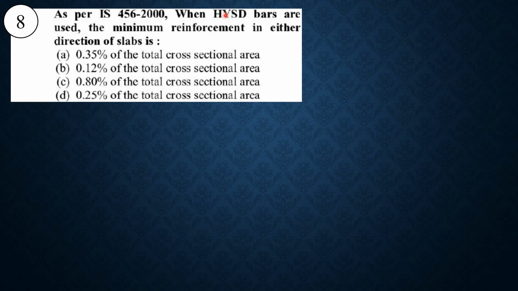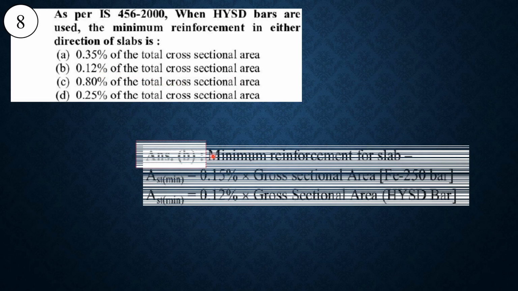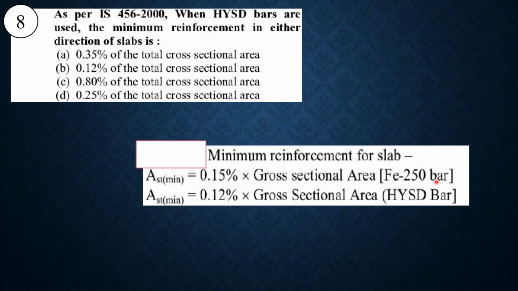And in case of mild steel, meaning Fe250, the percentage of minimum reinforcement in the direction of slab is 0.15% of total cross sectional area. So for HYSD 0.12% and for Fe250 mild steel 0.15%. Option number B is correct.